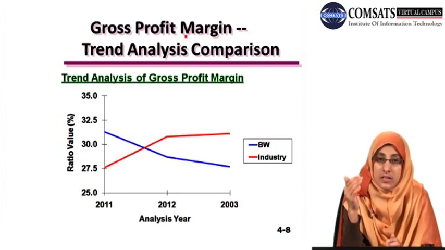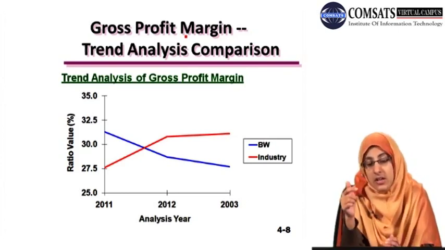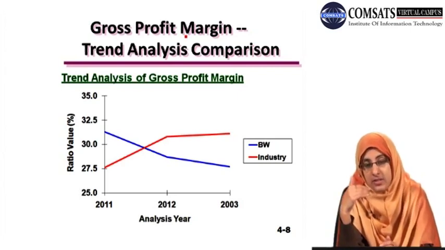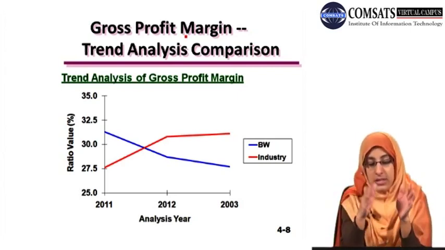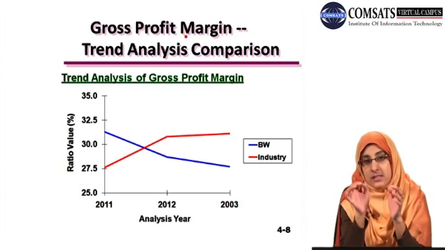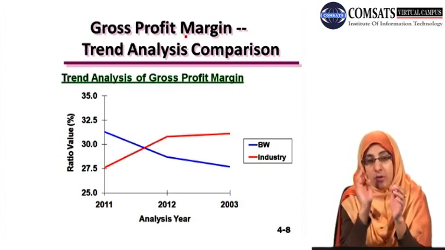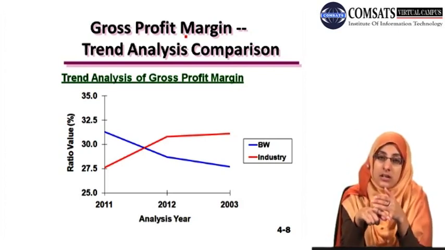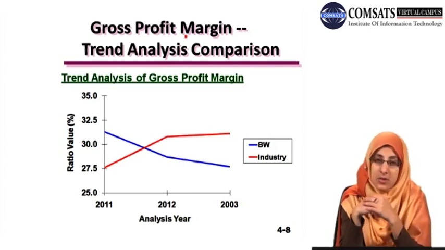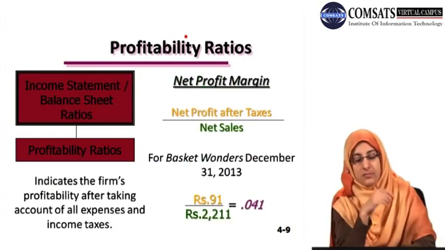But the industry average is increasing over the period of time. तो आप ये देख सकते हैं कि ये decreasing or increasing, they are going in opposite direction. So we can say that there is a certain problem with your gross profit margin, and the company has to reconsider its pricing policies and its operational efficiency, and look at considering its cost of the material.